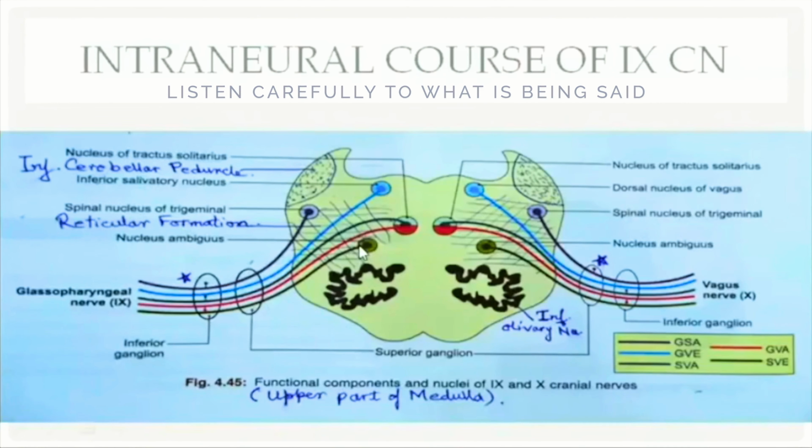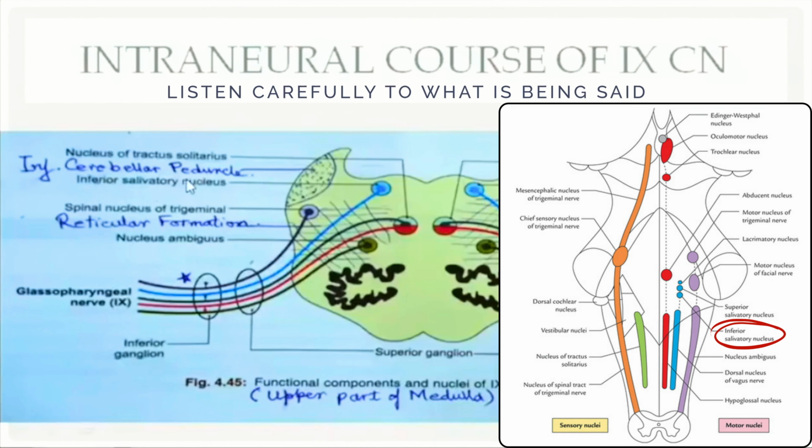Got it? Okay. The other efferent functional column is the inferior salivatory nucleus, and this is the general visceral efferent functional column. It is just above the dorsal nucleus of vagus. The same functional component lies in this longitudinal axis: above the inferior salivatory nucleus you will find the superior salivatory nucleus, and below it you will find the dorsal nucleus of vagus.